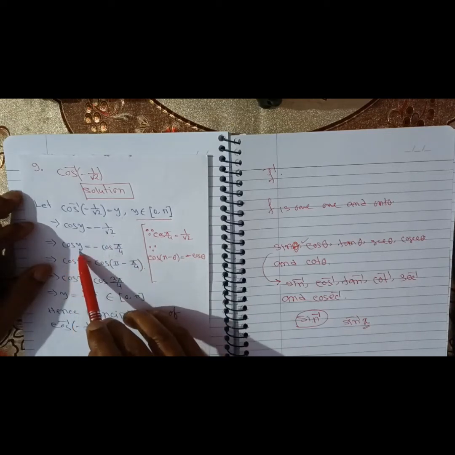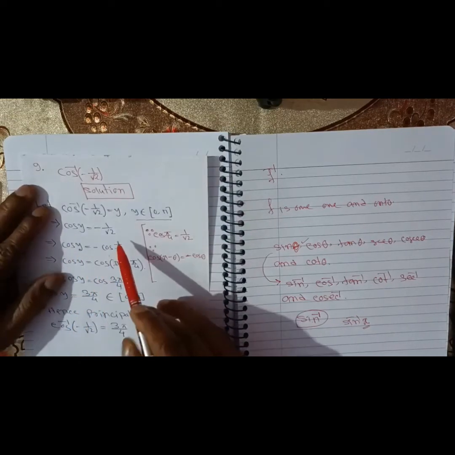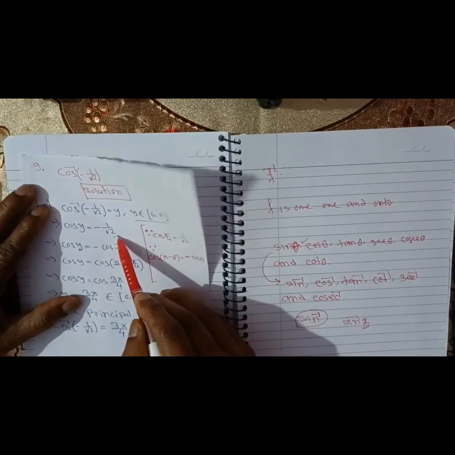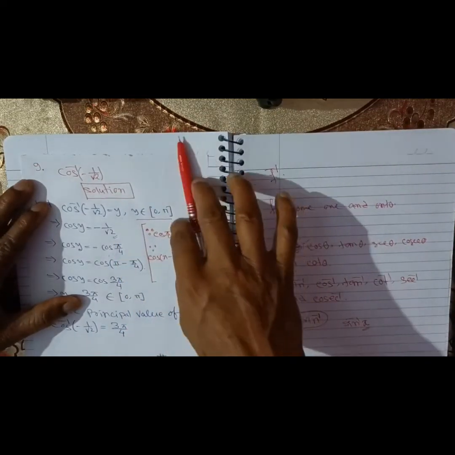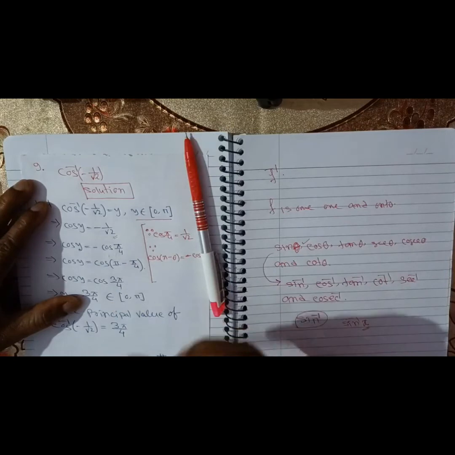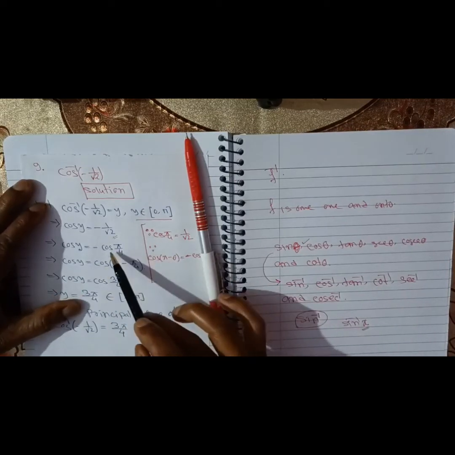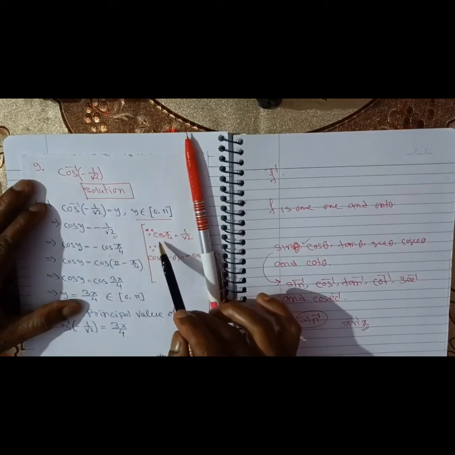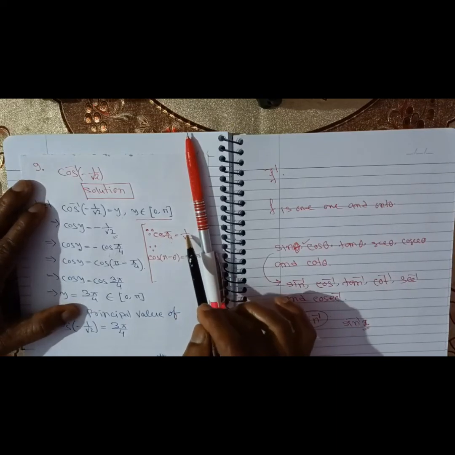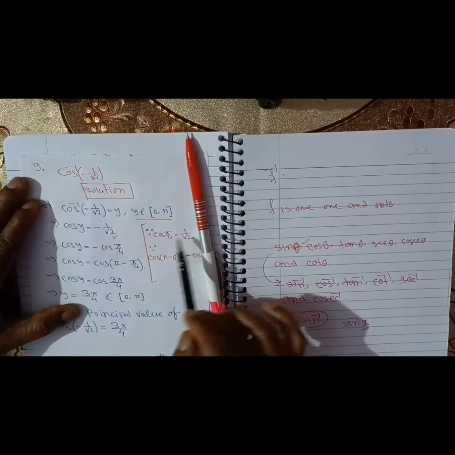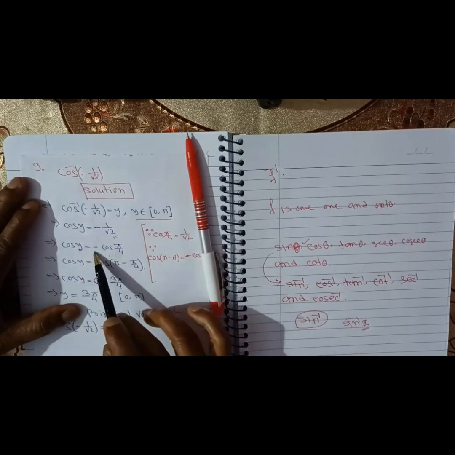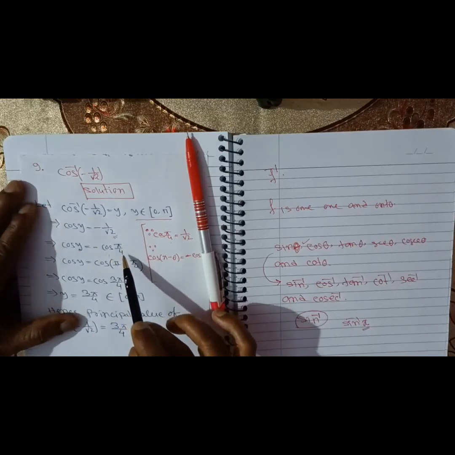This implies cos y is equal to minus, in place of 1 by root 2, we can write cos pi by 4, since cos pi by 4 is equal to 1 by root 2. Then we get cos y equal to minus cos pi by 4.